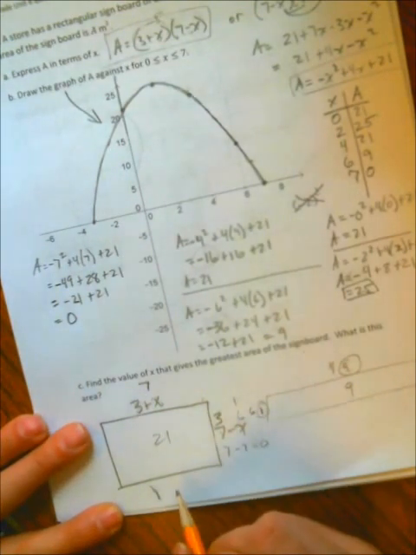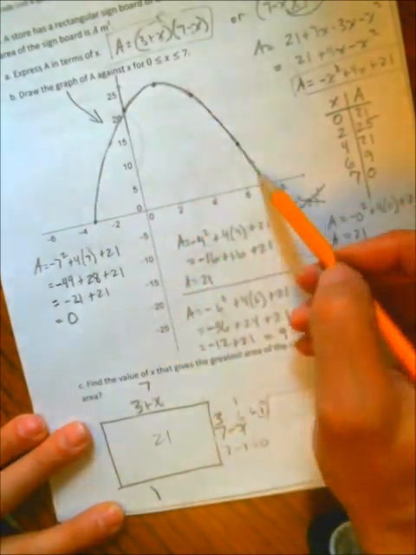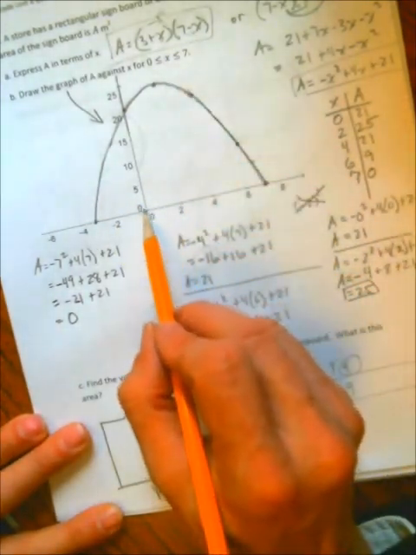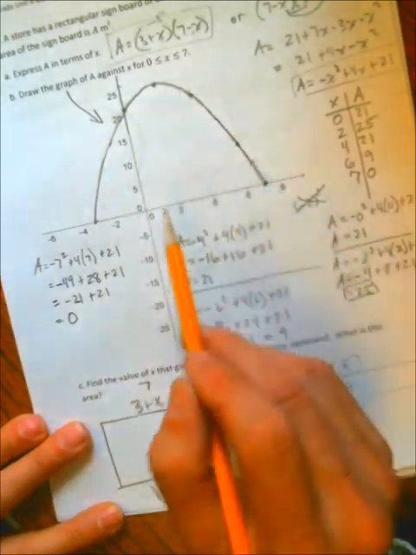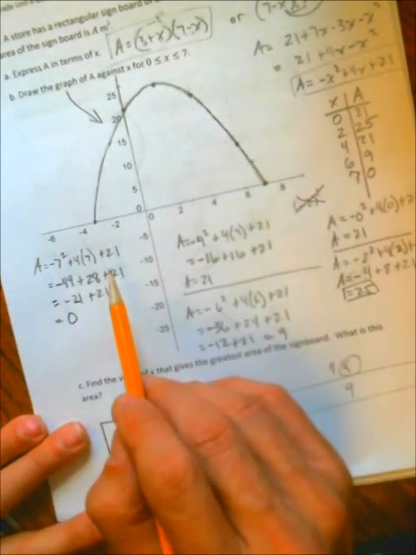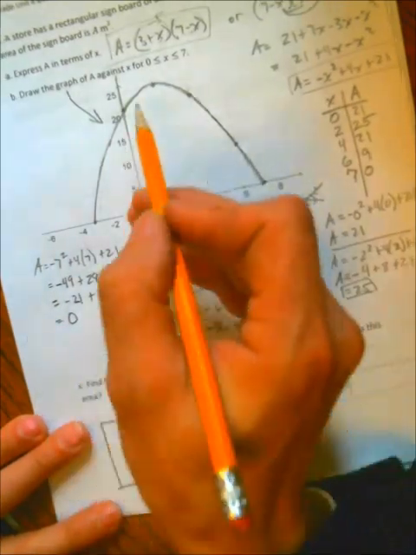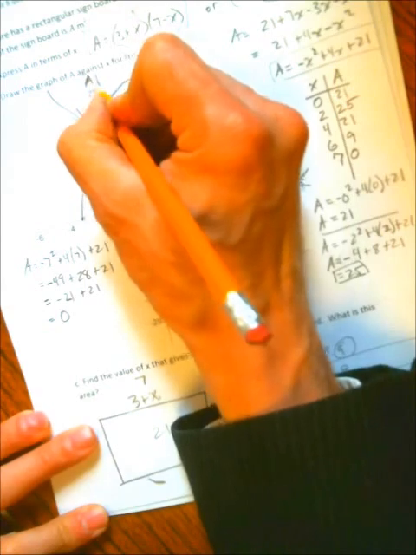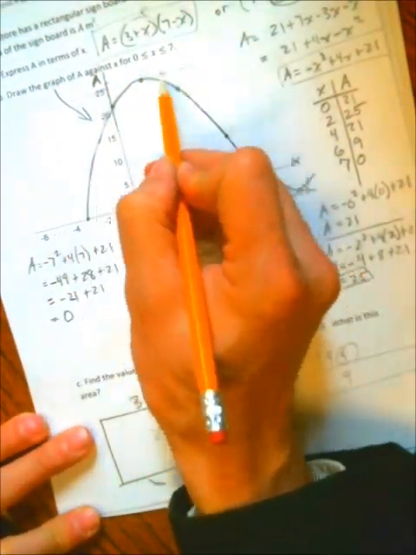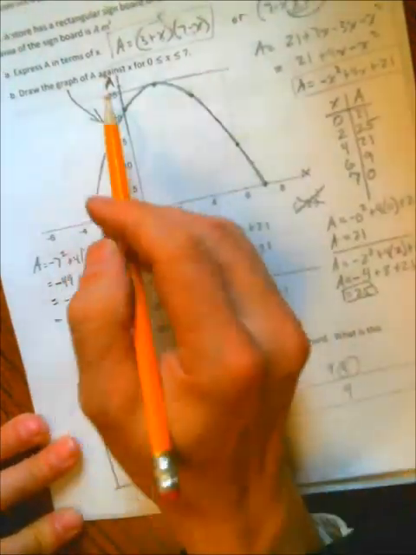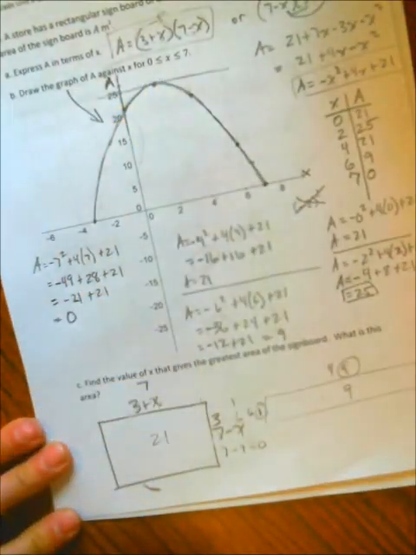All right? So this graph is a real representation of the size of the sides compared to the area of the rectangle. And the largest possible area, since this axis is the area and this axis is x, the largest possible area this signboard can get is 25.